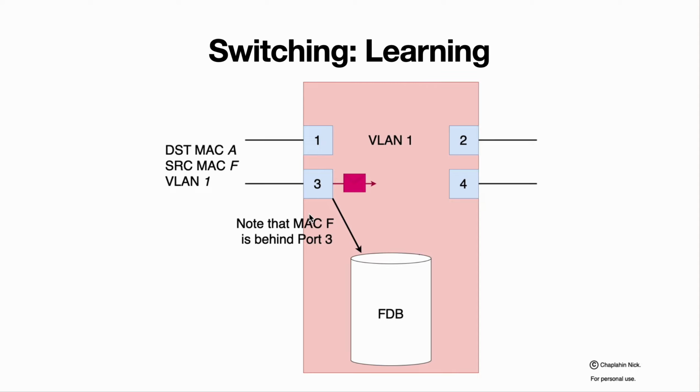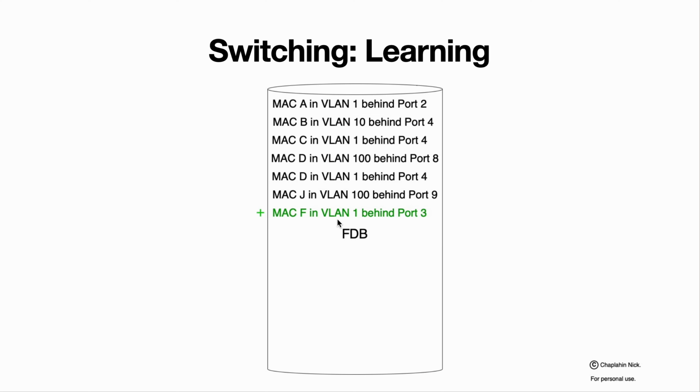But also we send a message into the FDB saying, note that source MAC F, it means we have a device identified by MAC F behind port 3 in VLAN 1. And this entry is added into the FDB. MAC F in VLAN 1 is behind port 3.